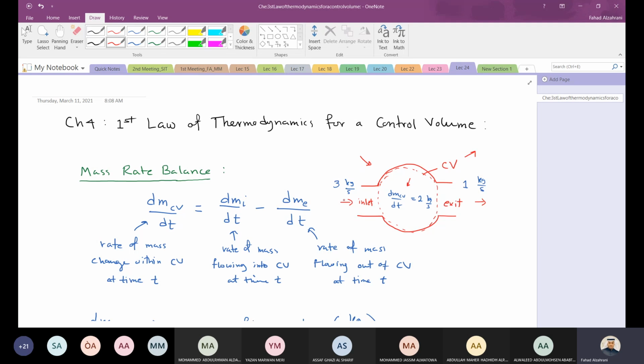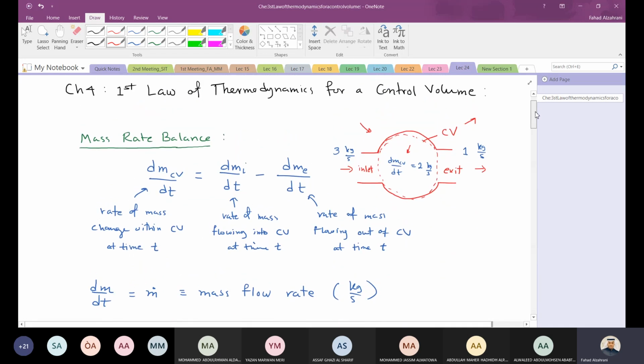Usually we call this parameter mass flow rate, or how much mass is flowing per unit time. So the mass balance in this case, in the rate form, I call it mass rate balance.